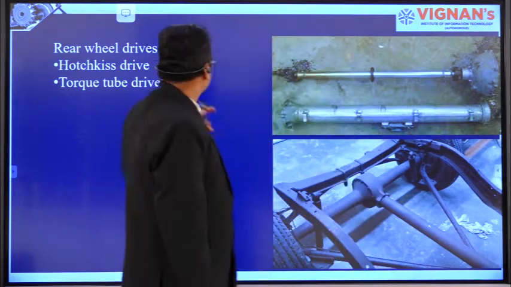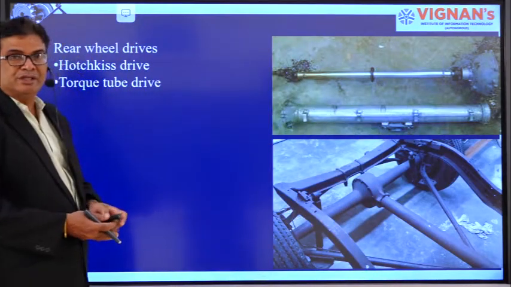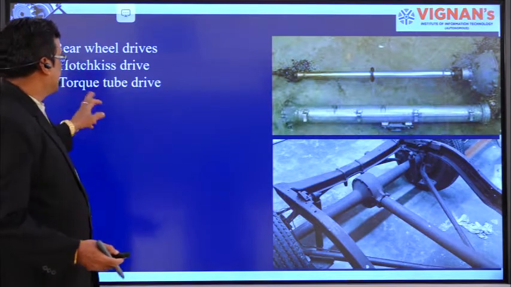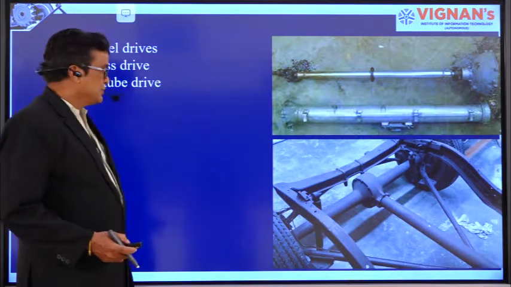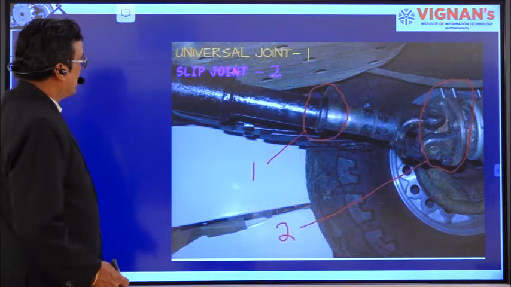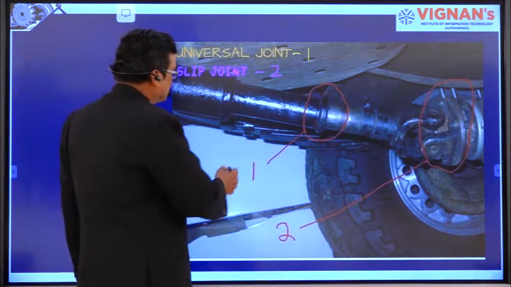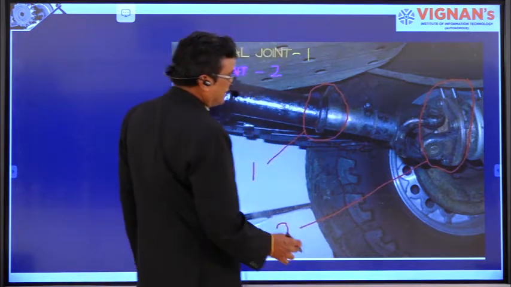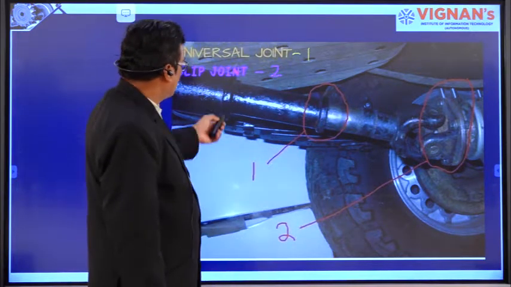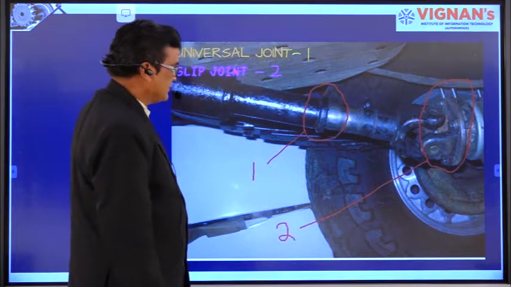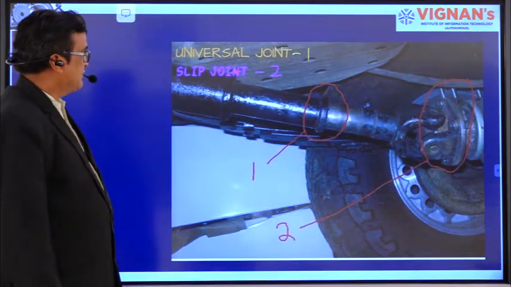Hotchkiss is the name of the scientist, so he termed it in his name, Hotchkiss drive. Second one is torque tube drive. Let us see how the Hotchkiss drive and torque tube drive are. Before that, this is the schematic of the fixing of the universal joint and slip joint connected to the propeller shaft.